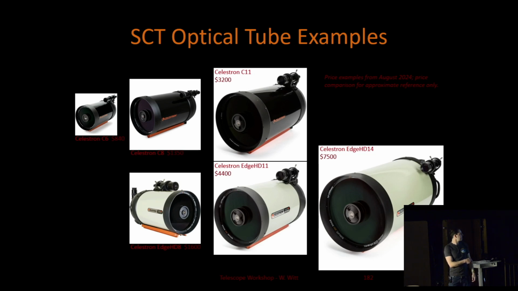The Edge HD can be used for visual or photography, but photographers like this one because it has that flat field out to the edge, which I think is where the name comes from. And so the 11-inch Edge is $4,400 versus $3,200, so you get that flat field, those better optics. And if you want to go to 14 inches with an Edge HD, you're talking $7,500, which is a chunk of change.